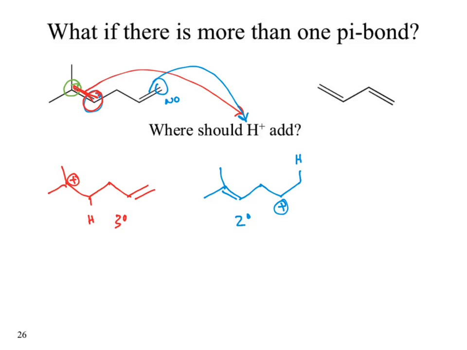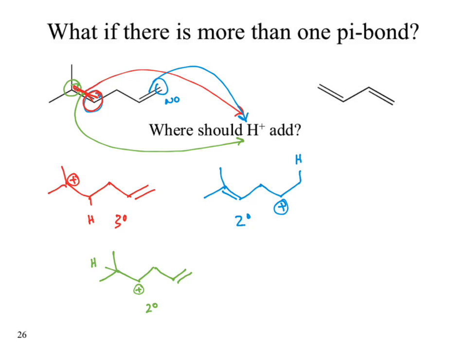So, process of elimination, we can deal with the green position. We're still having that same pi bond come out and react. We've now lost the pi bond, but we've placed our hydrogen here. What happened to the other carbon? It became positive. What kind of carbocation have we formed?